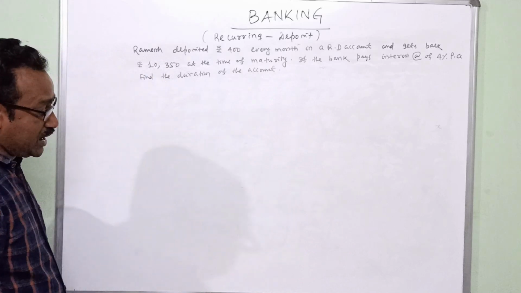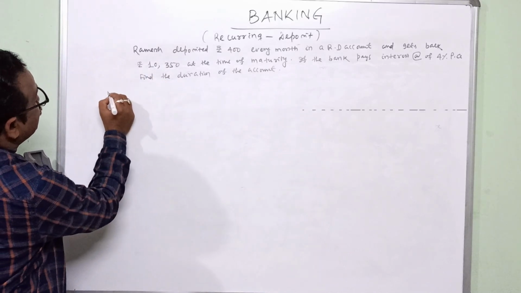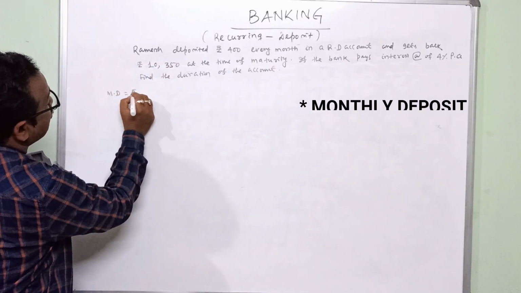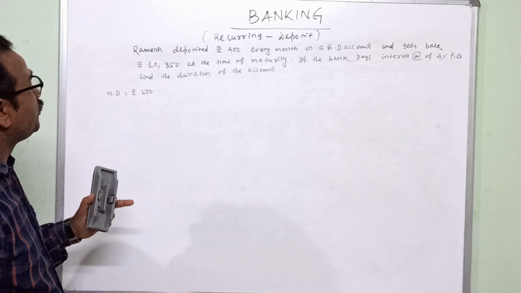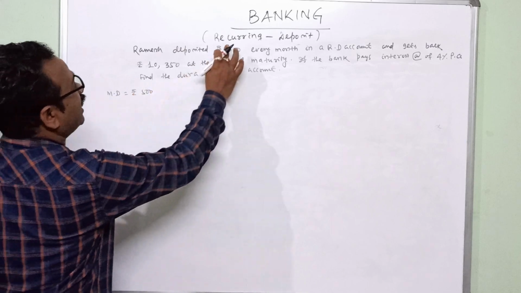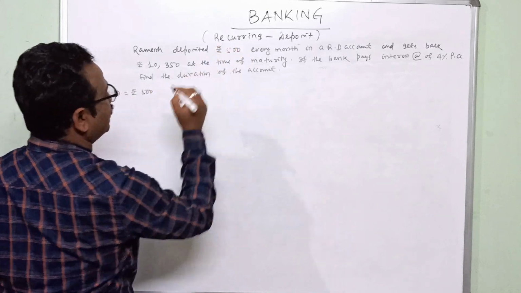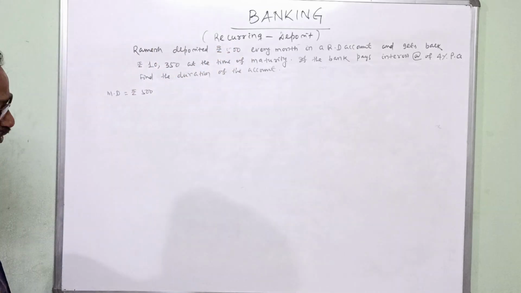Now here monthly deposit is equal to rupees 500. Yes, given. What is the monthly deposit? Rupees 400. Let's change it, make it rupees 500.